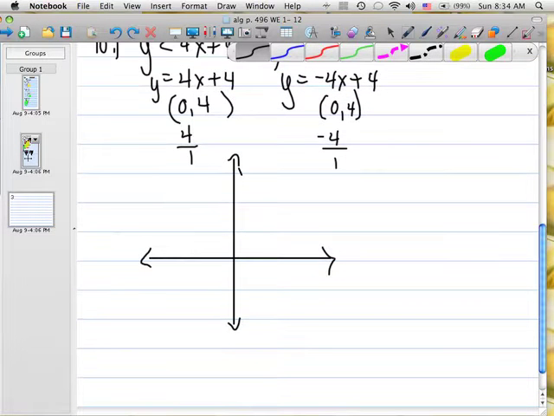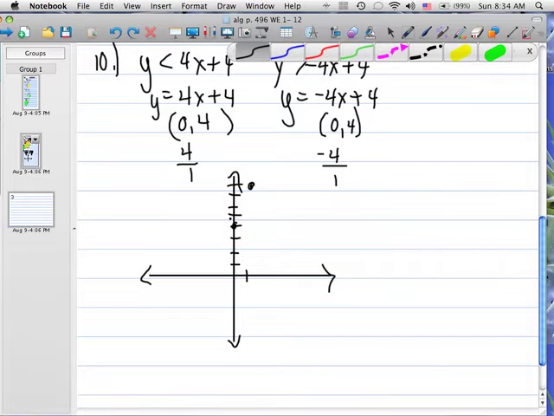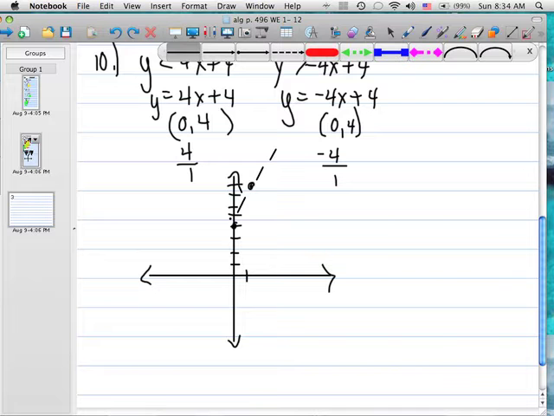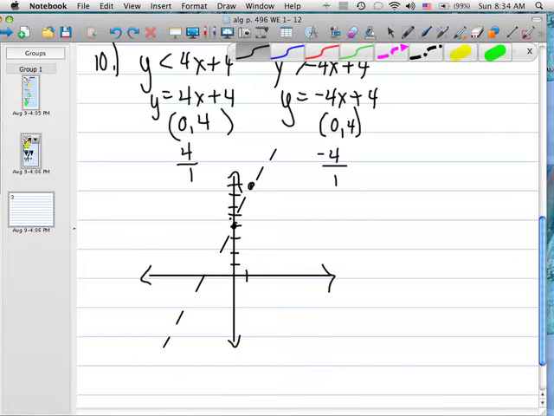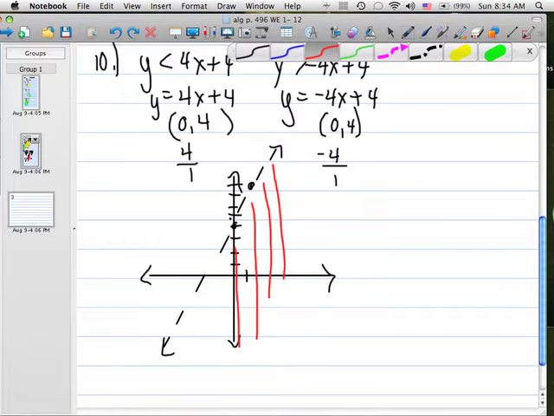we plot a point at 0, 4, and the slope is 4, so we go up 4, 1, 2, 3, 4, right 1, put a second point, and the inequality was less than, so we need a dashed line. And it says less than, so we're going to shade below.